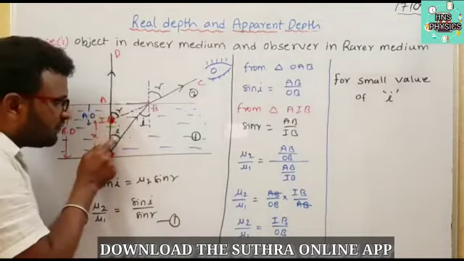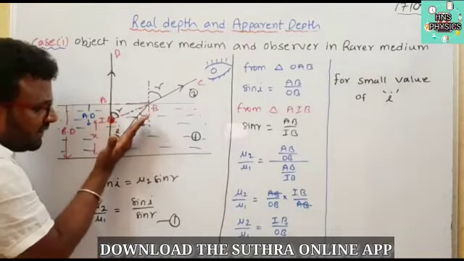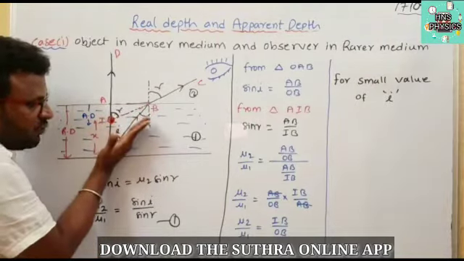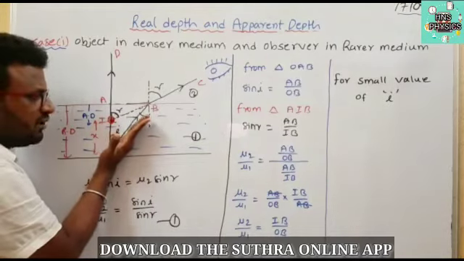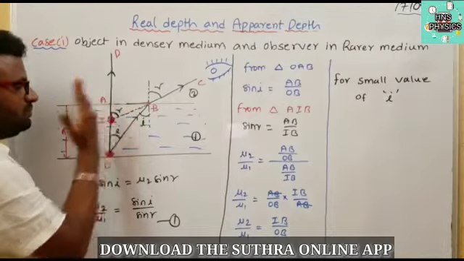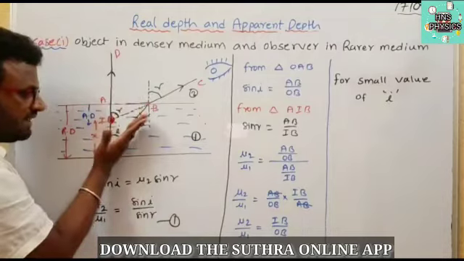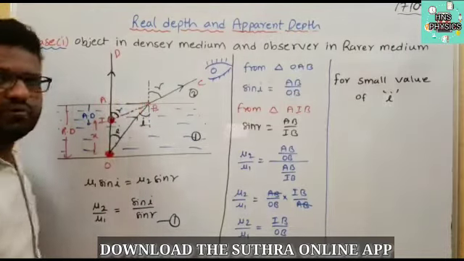If this angle of incidence is small, this OB side becomes approximately equal to OA. That means for a small value of I, OB is approximately equal to OA.